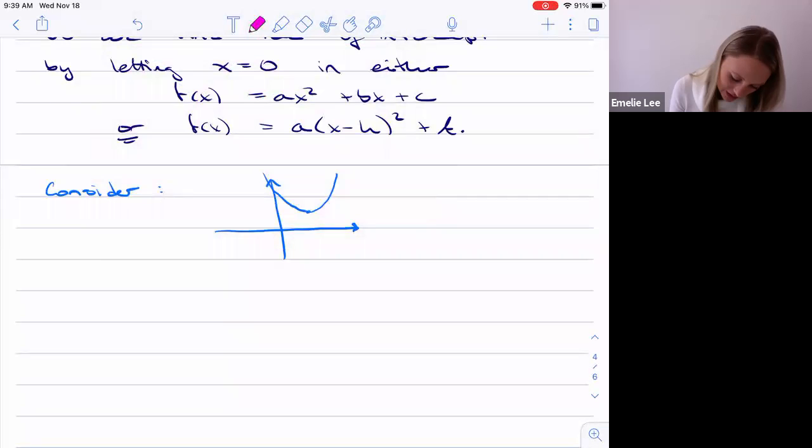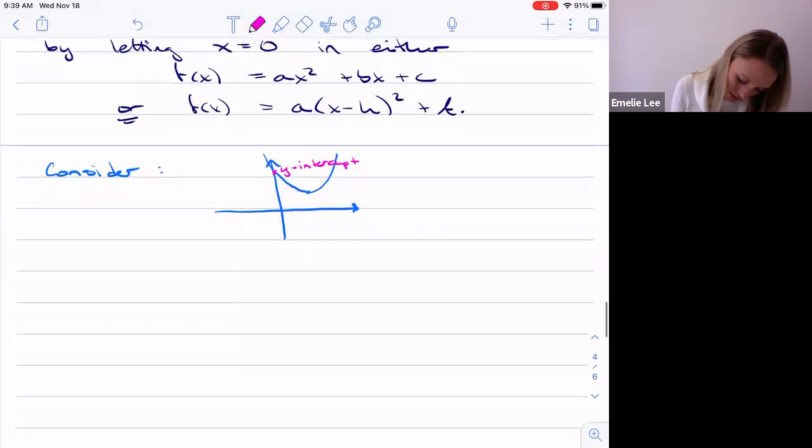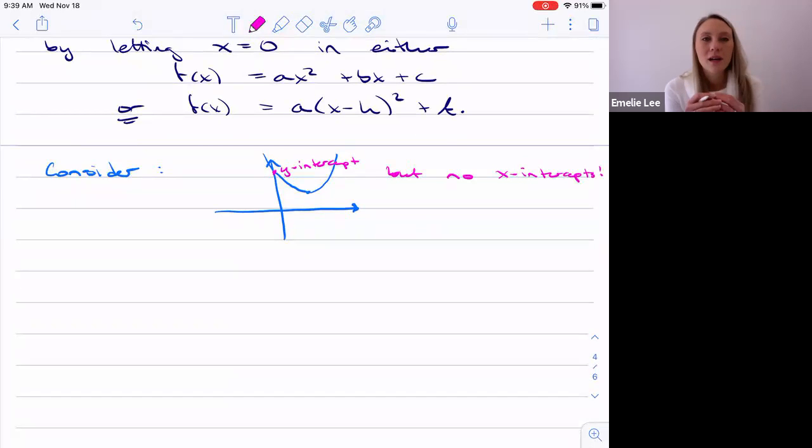There is a y-intercept, but no x-intercepts. It's important because, if you're able to put things into standard form, you know what the vertex is. It's at (h, k).